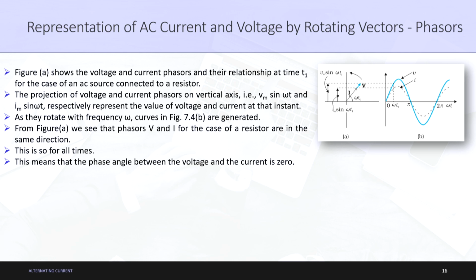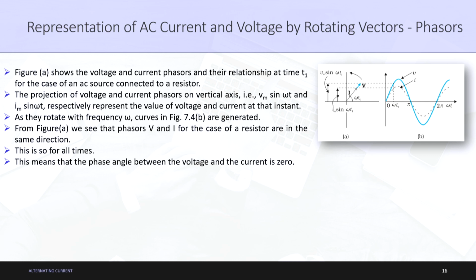Next thing is, figure A shows the voltage and current phasors and their relationship at time t1 for the case of an AC source connected to a resistor. You can see clearly that this is nothing but a phasor diagram. And please remember it is at some time t1. Let us suppose four quadrants are made here.